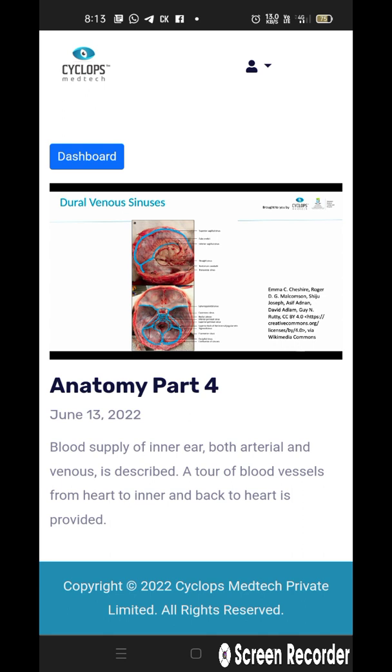In the lower part of the picture we can see the inferior petrosal sinus coming all the way and joining the jugular bulb region, and then here is the sigmoid sinus, which ends in the jugular bulb. So the inner ear blood supply goes into the dural venous sinuses, which are venous channels within the folds of the dura. So this is how the venous drainage of the inner ear happens.